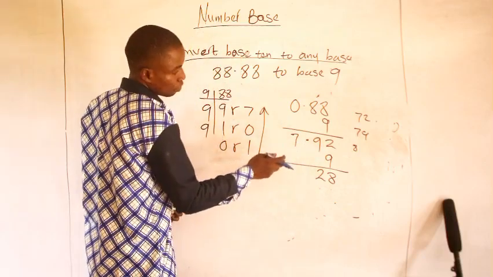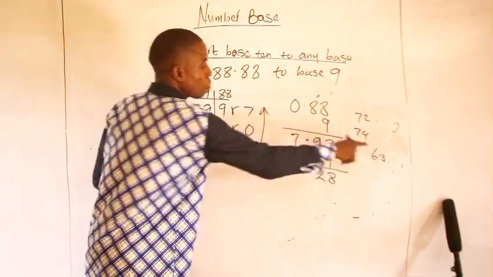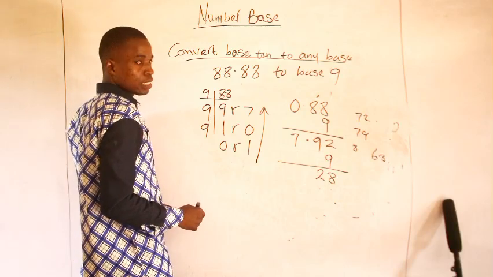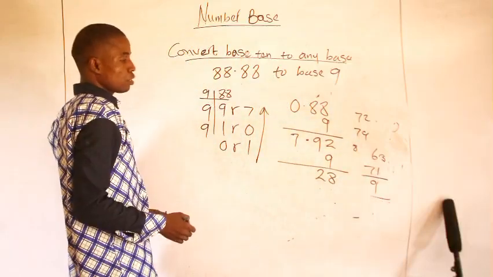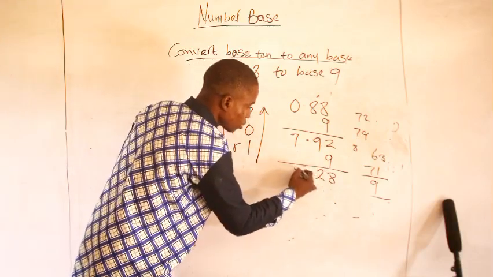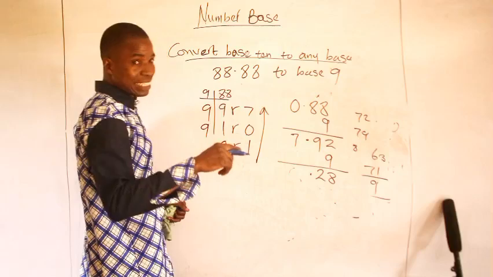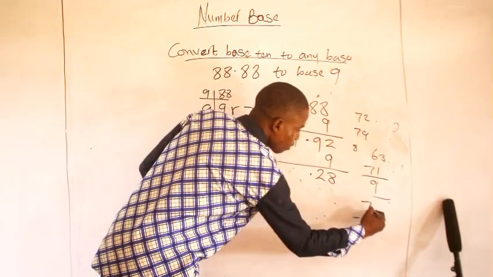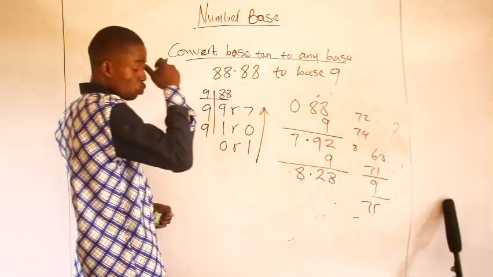Now, plus 8, 71. 71 divided by 9 is what? 7. We need only the 7 remainder. We are only writing the remainder. 7 remainder 8. You write 8. You throw the 7 away. You don't need that 7.